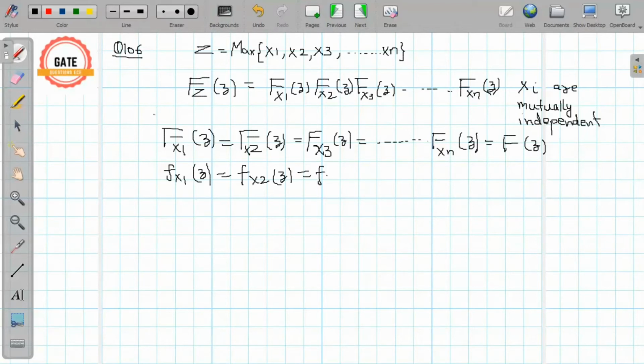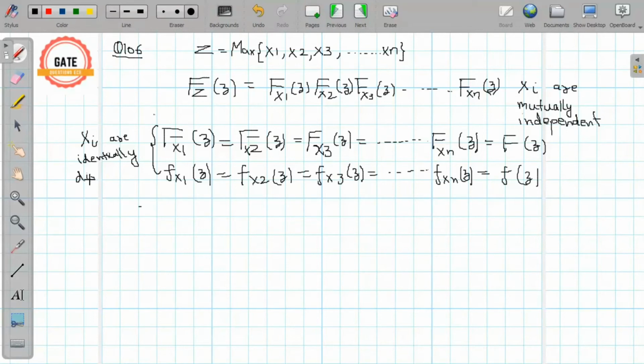This is true when all Xi are identically distributed.